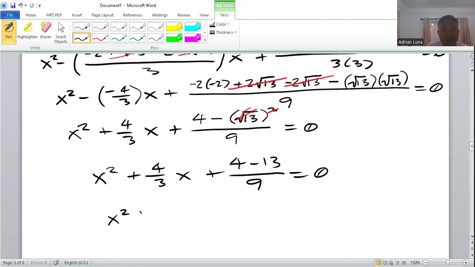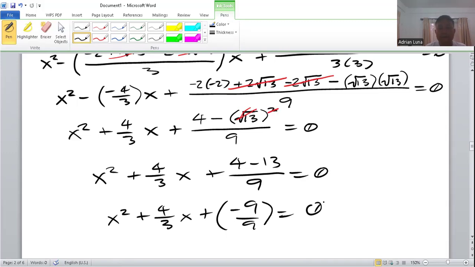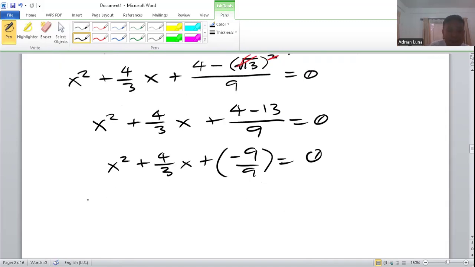Simplify natin tong last portion, itong 4 minus 13. 4 minus 13, that would be negative 9 over 9, x squared plus 4 over 3x plus, will be negative 1 is equals to 0.